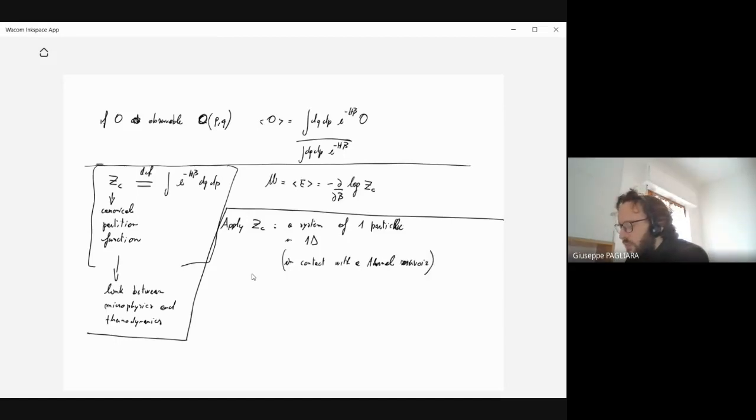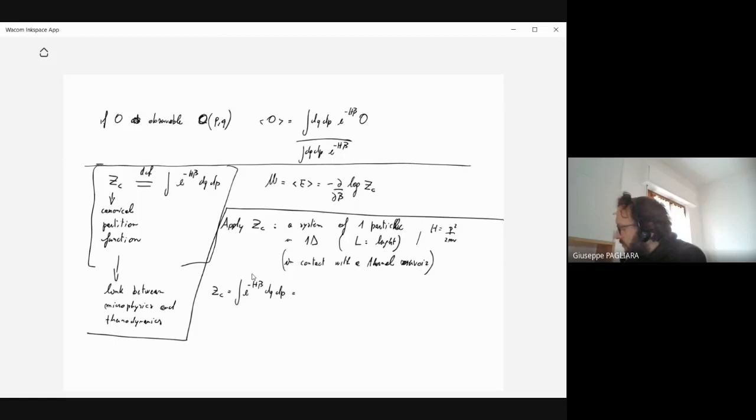Now, let me compute the canonical partition function for this case. Z_C is equal to the integral of e to the minus H beta dq dp. Since we are in one dimension, we have L, which is the length scale over which the particle can move. The particle has just kinetic energy, so the Hamiltonian is just p squared divided by 2m.